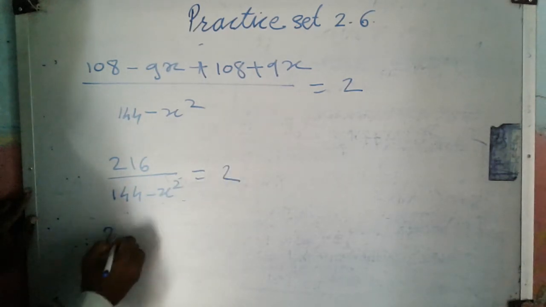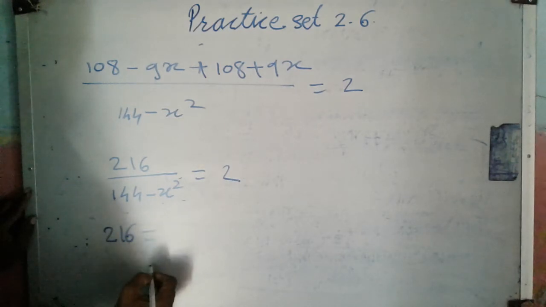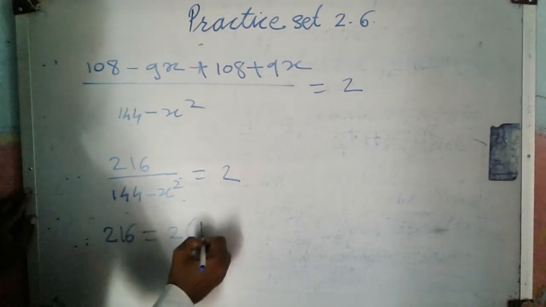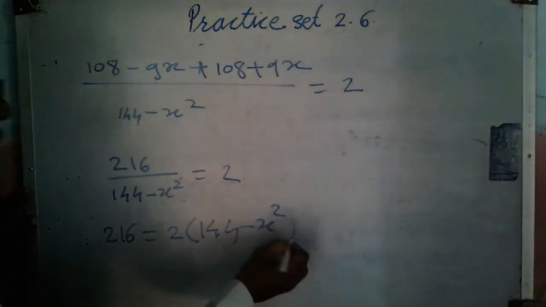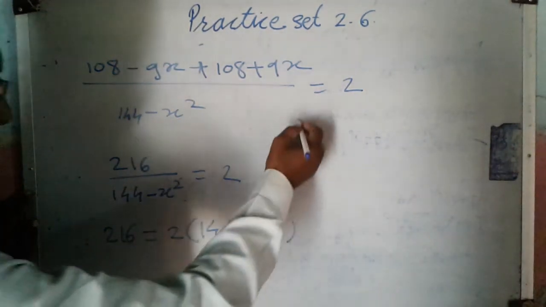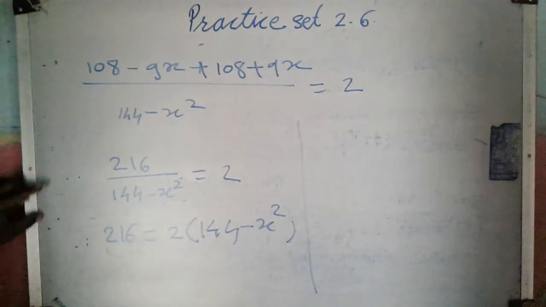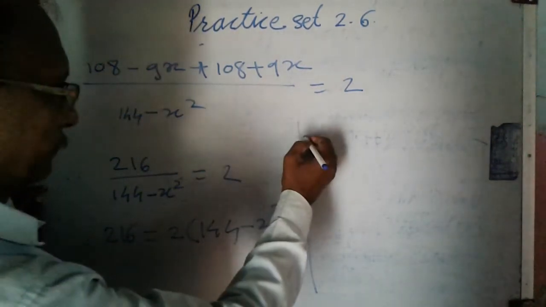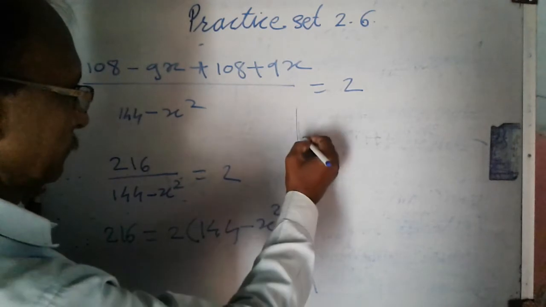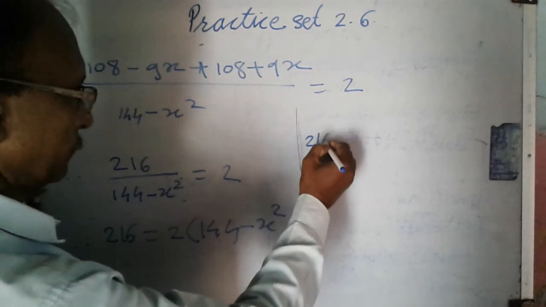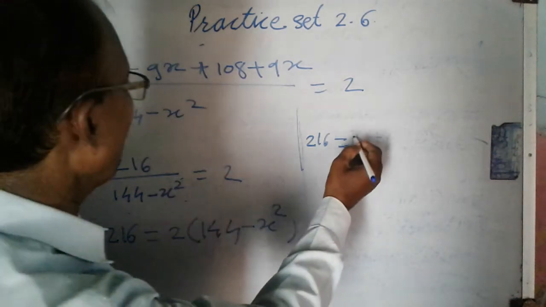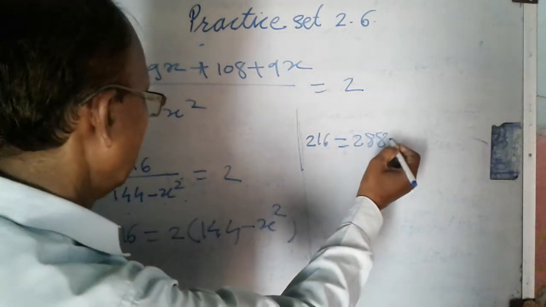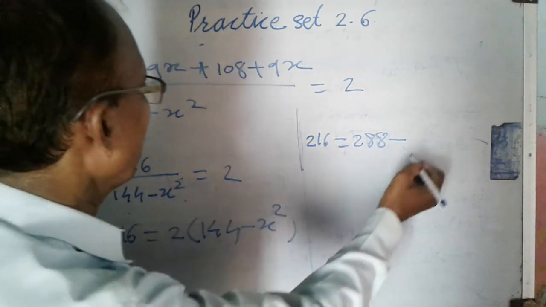Therefore 216 is equal to 2 multiplied by 144 minus x square. So solve this bracket. Two into 144 we get 288, minus 2 into x square we get minus 2x square.